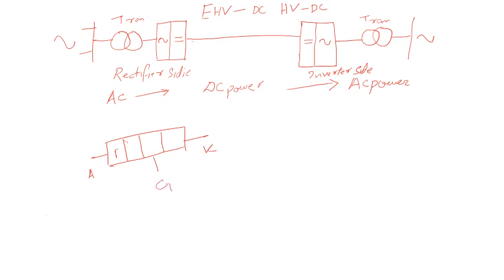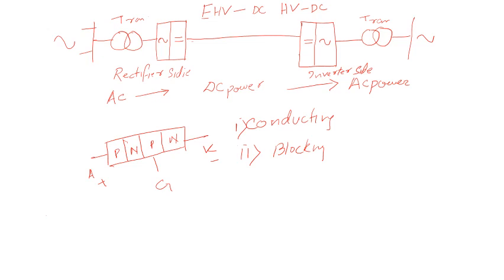So there are PN junctions. Now this thyristor operates under two conditions, that is your conducting state and your blocking state. Under conducting, the anode is positive and the cathode is negative, and a gate signal is provided.